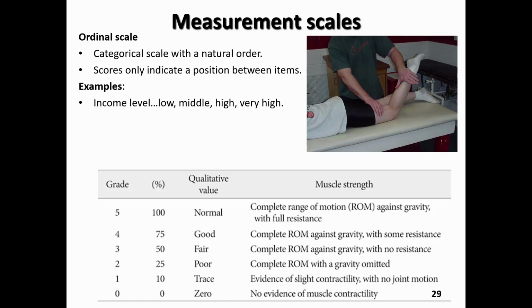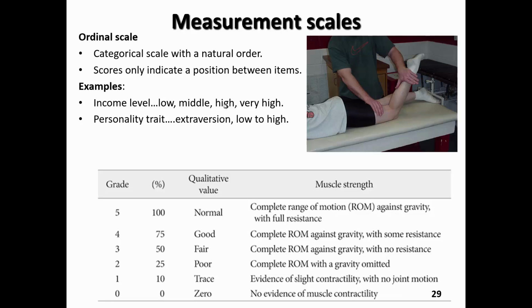So some examples might include income level, and so we would have people that would be categorized as either low income, middle income, high, or very high. So the three criteria on slide 28 also have to be met for the ordinal scale. But you notice that based upon the numerical value of the income level, a person would be categorized into one of these four groups.